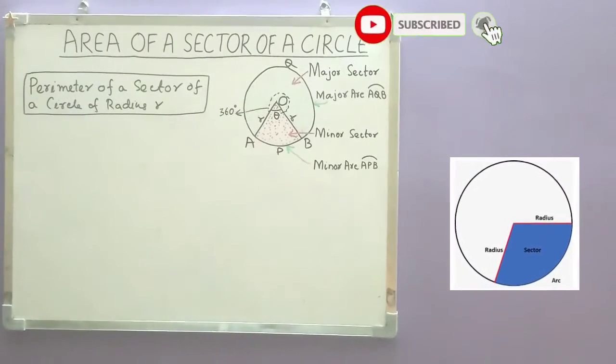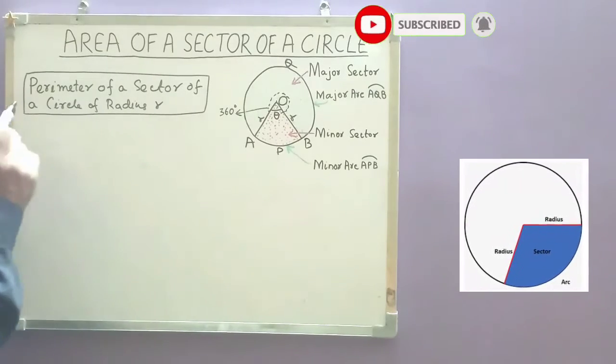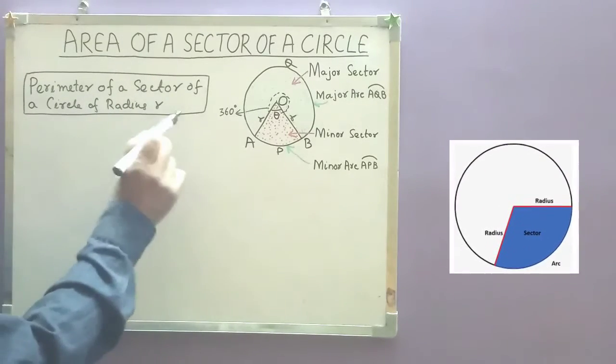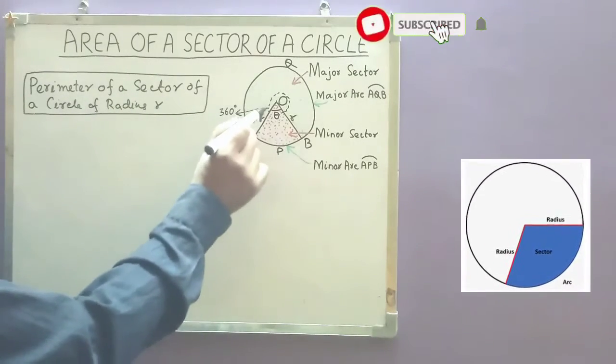Now let's know the formula for the perimeter of a sector of a circle of radius r.